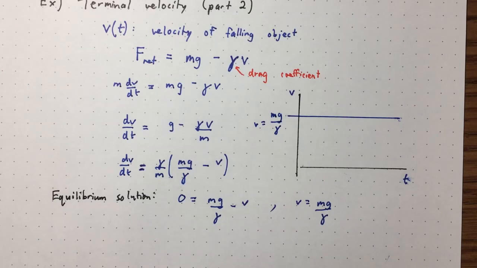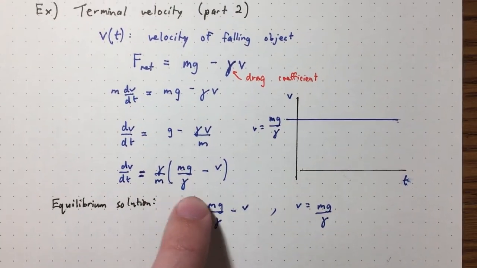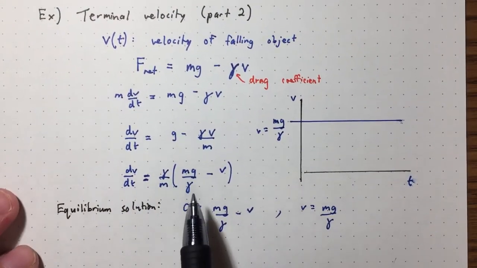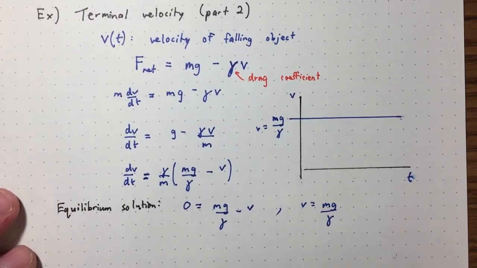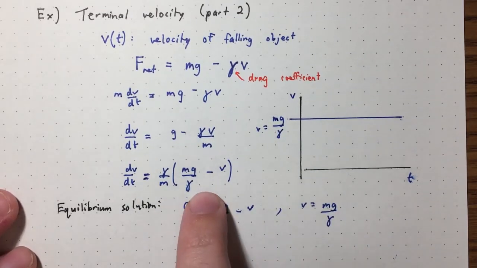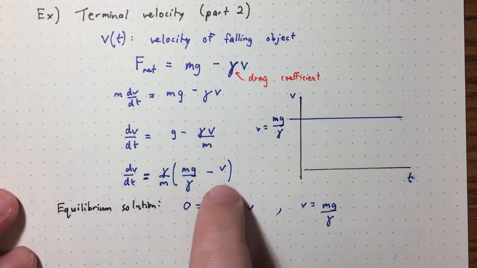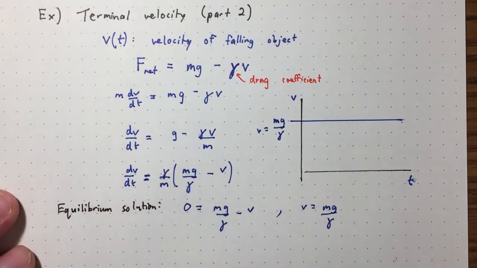The next thing I would ask is, is it a stable or unstable equilibrium solution? Well, that's why I rewrote it in this form, just so it's easier to see what the sign of everything is. So what if I plug in a number for v that's greater than mg over gamma? I'm going to get a negative number here, and because these are always positive, dv/dt is going to be negative.